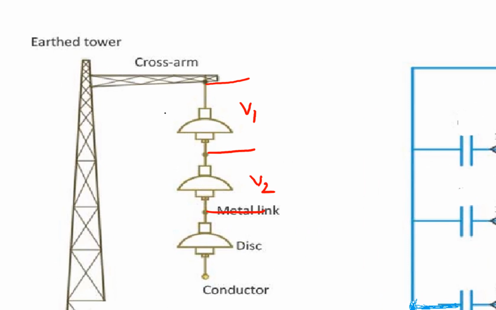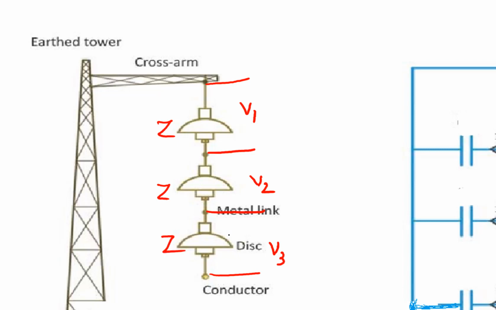That means the voltage across each disc is different. What is the reason for this? That is the question. Here all the discs used in the string of suspension insulators are identical. They have the same impedances. That means the impedance of each disc is the same.